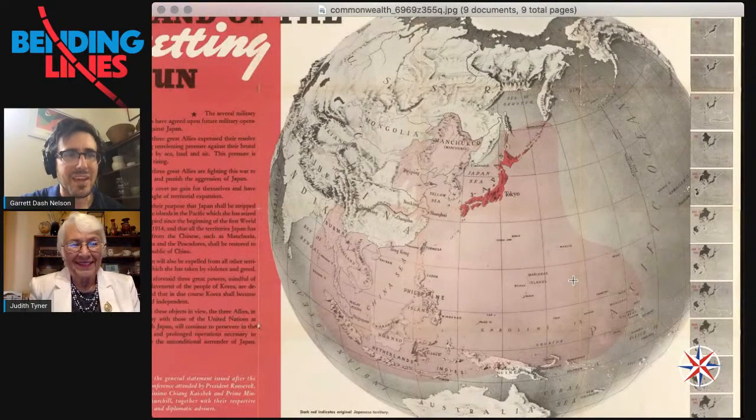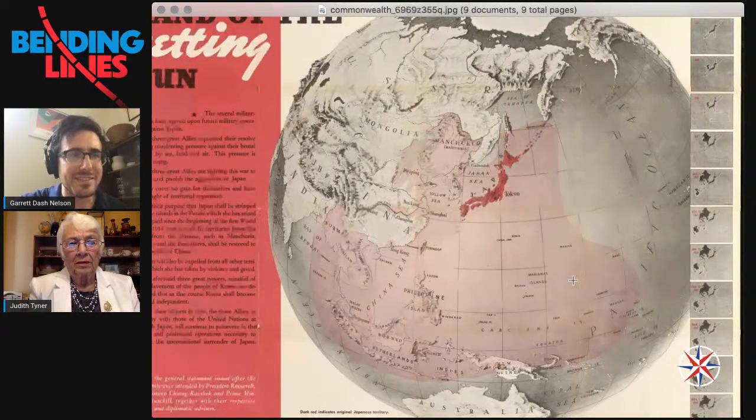It's interesting how this map kind of plays on two competing emotions, right? It both wants to make Japan seem very menacing and aggressive, and also to make that menace seem superable, right? To show that it's a menace that the allies working together will defeat. Right.